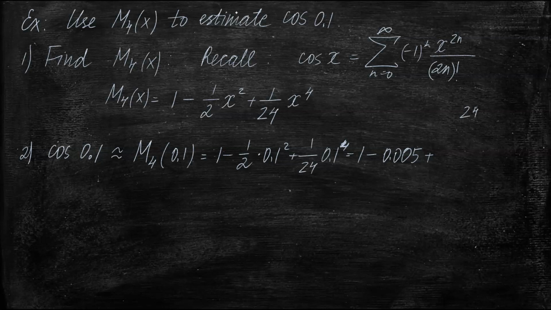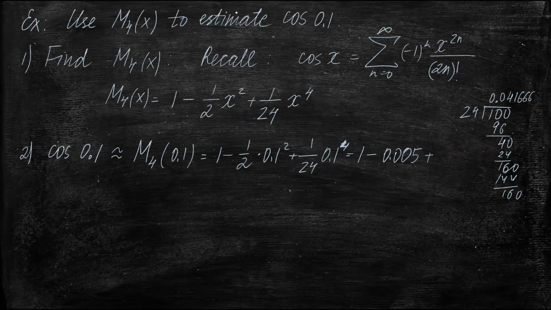So 24 divided into 1 gives us 0.0416, and there are a bunch of 6s, and then we still have another 4.